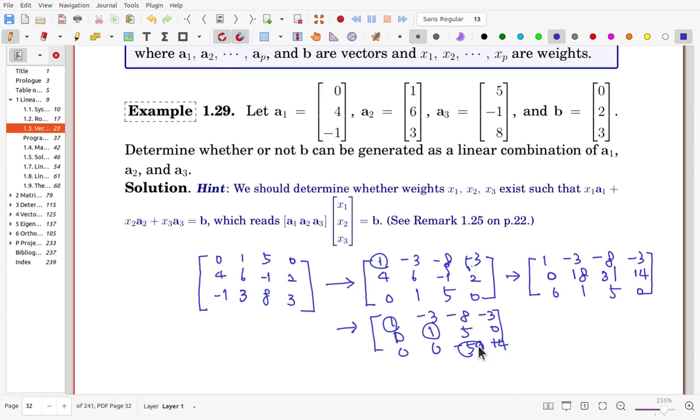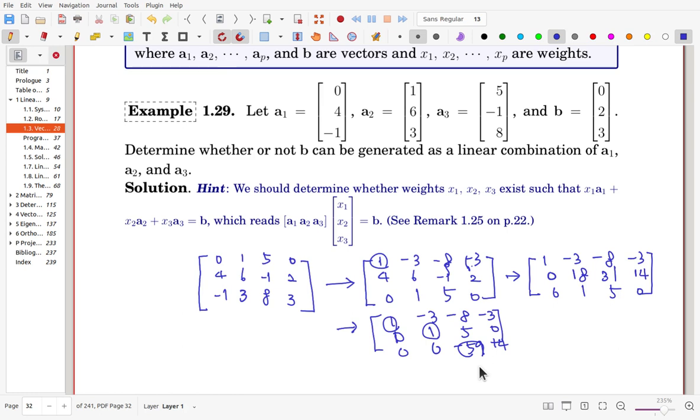So we have a third pivot, and in each row of the matrix A we now have a pivot, so that this one has a solution. In fact, this one has a unique solution. Once you finish the computation, then you'll find x1, x2, x3 uniquely.